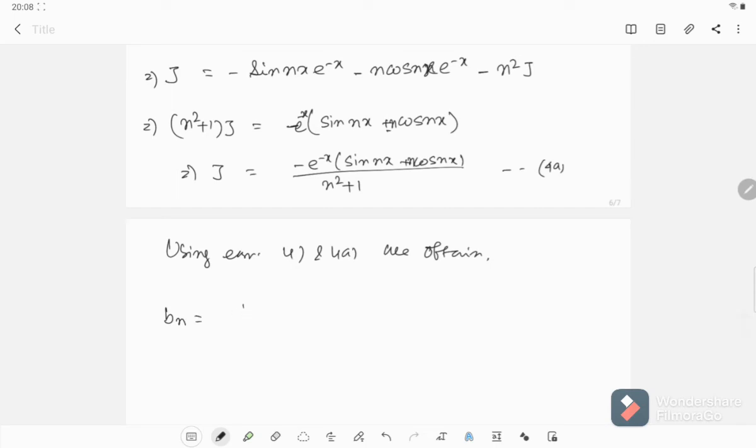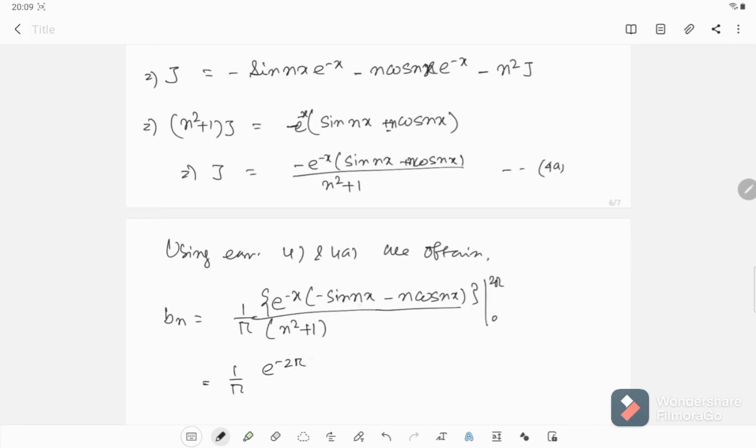bn is equal to 1 by pi of, there will be n square plus 1, and let me write it like this: sine of nx minus n cos of nx, from 0 to 2 pi, times e to the power minus x. At 2 pi, e to the power minus 2 pi, this will produce 0 and this will produce minus n.